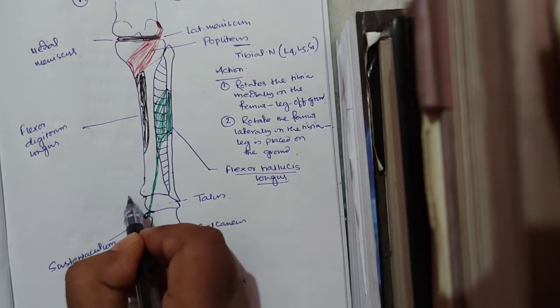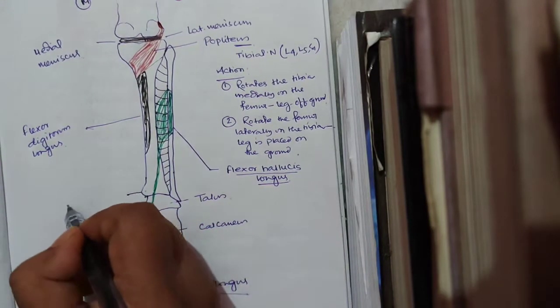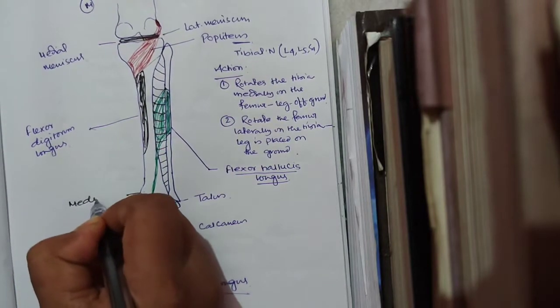This is the tibia here, it is called malleolus. And this is the medial side, so this is called the medial malleolus.